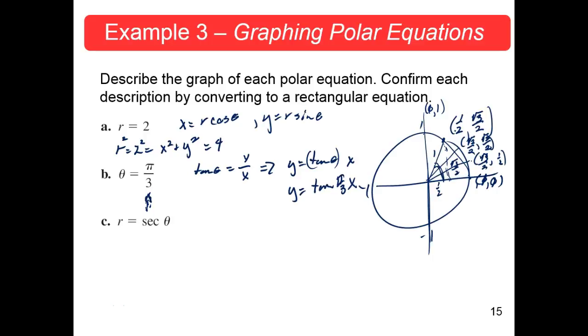Root 3. That's it. So y is equal to root 3 x. There's the equation of that line that goes not just to the unit circle, but goes forever up there. Its y-intercept is (0, 0), that's why you don't have a constant on it. Its slope is root 3. Does that make sense?